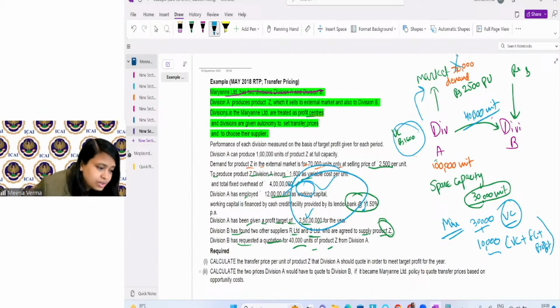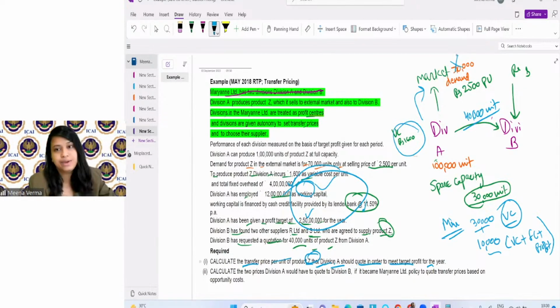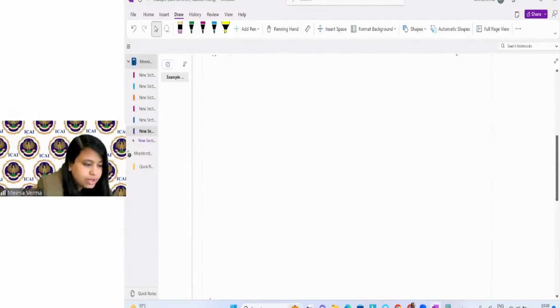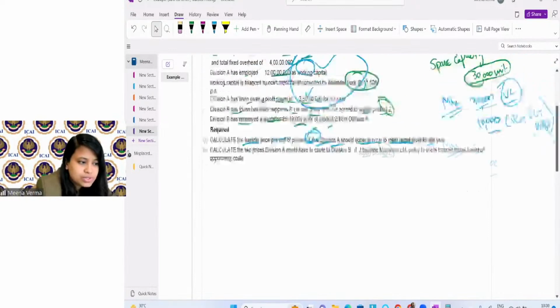So what is the question? Calculate the transfer price per unit of Z that division A should quote in order to meet the target profit for the year. So you will see what the minimum price division A will set. This is what the question is all about.